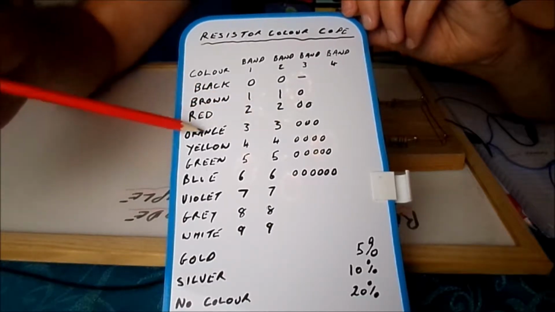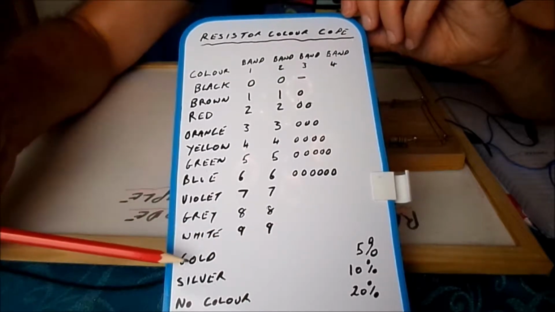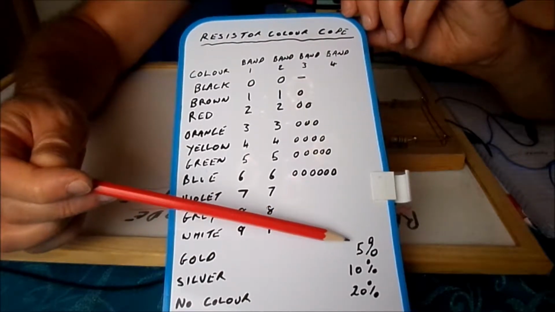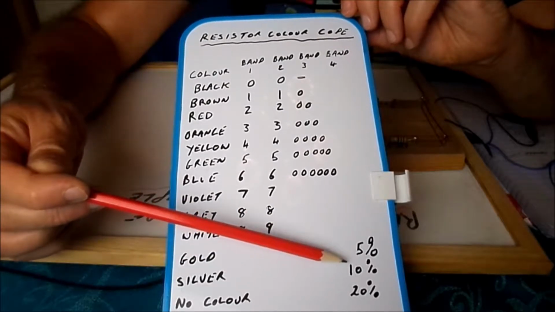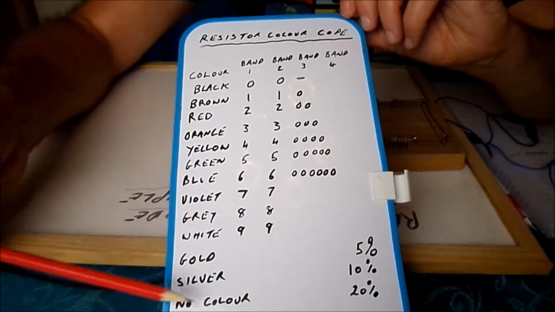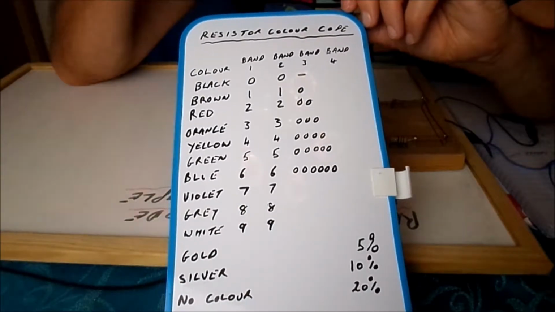As you go down, you can see for band 4 you've got gold, which gives you a tolerance of 5%. Silver gives you a tolerance of 10%, and no color at all gives you a tolerance of 20%.